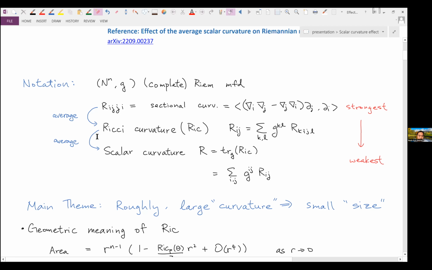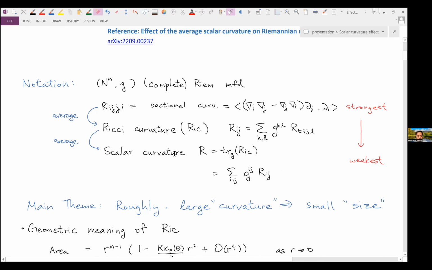Of course, the scalar curvature, being the average of the Ricci curvature, is the weakest among all these curvatures. So there's very little that we can say assuming a lower bound, for example, of the scalar curvature, because it's just a kind of average.